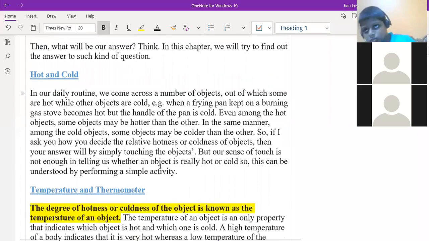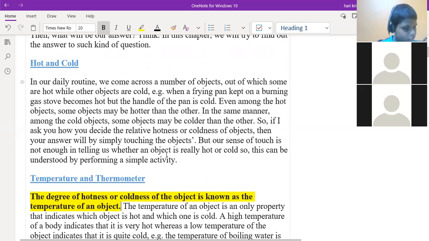Yes, sir. So how can we say whether it is cool or hot? Sir, we can feel it. We can sense it with the help of the senses, right? Yes, sir.